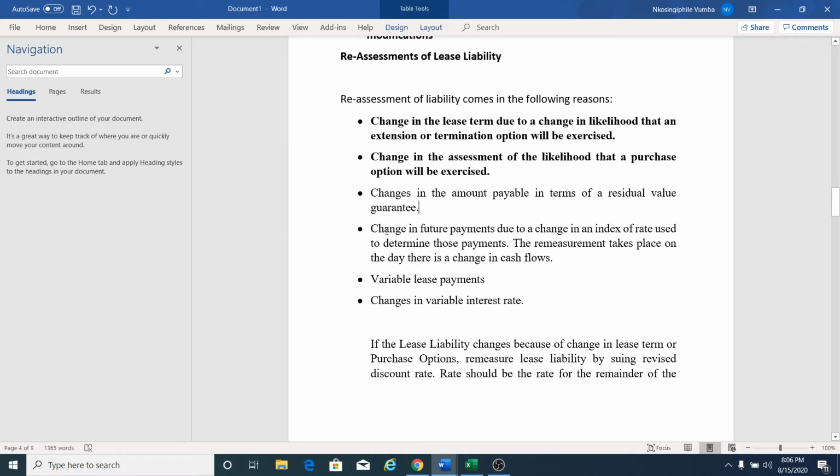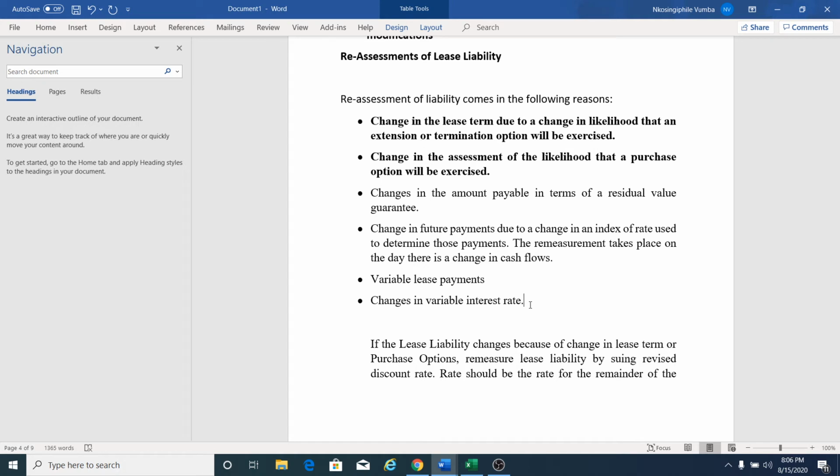Okay, and then the change in future payments due to the change in index, to determine those payments. So again, if you have variable payments that vary according to an index or rate, and they change, you also need to reassess your liability. Variable payments change, or the change in variable interest rate, you need to change your lease liability.